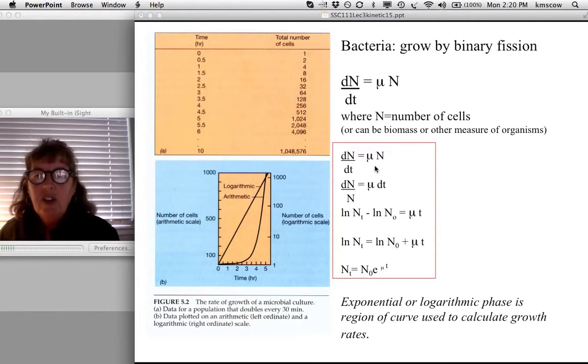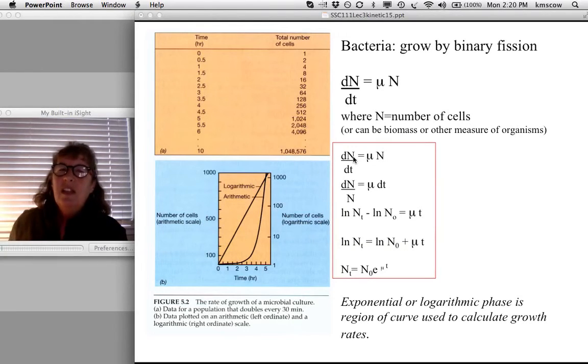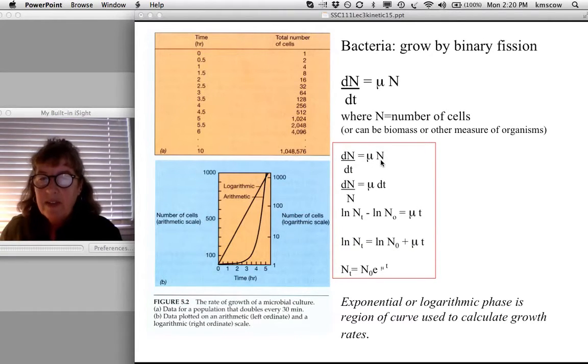Just like in first order kinetics, we have our growth rate, dN/dt, and we have our growth rate constant. You can see that the growth rate is a function of the number of cells that are present times that growth rate constant.